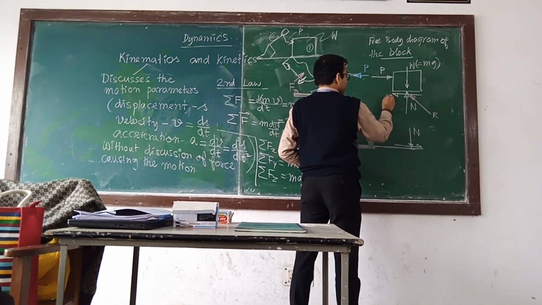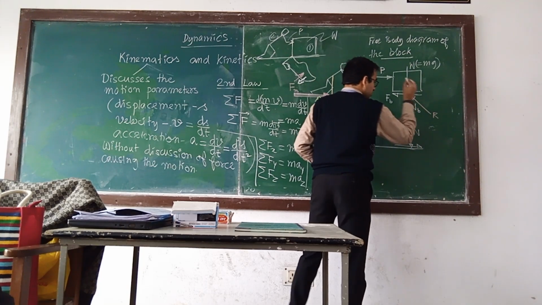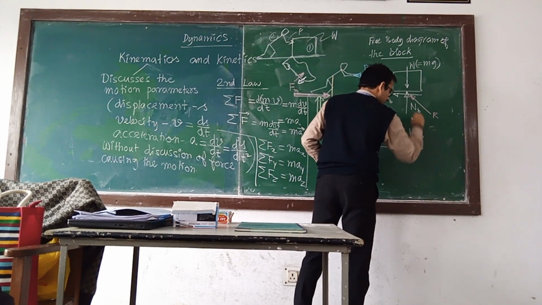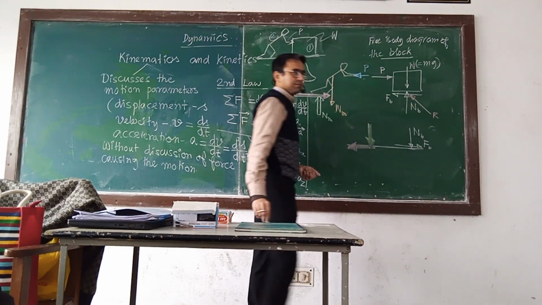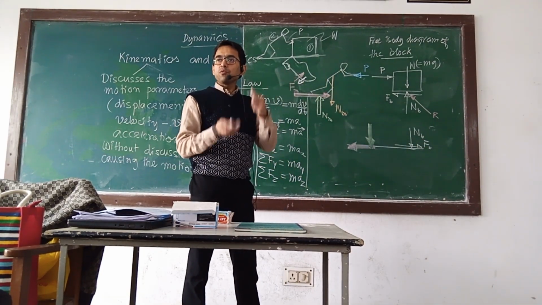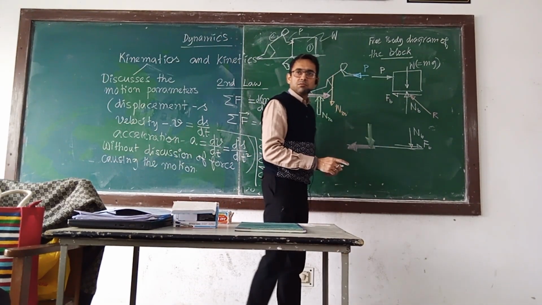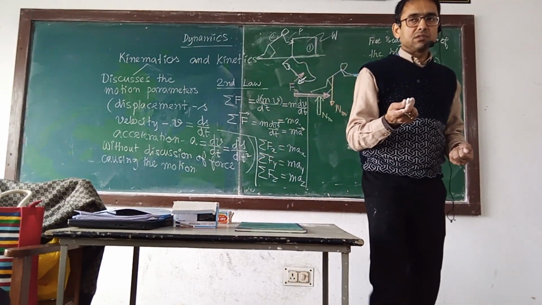So if it is friction on the block and normal reaction on the block, it will be NB in this direction and NB in the reverse direction, because action and reaction are opposite and equal. So every action and reaction pair will be equal and opposite always.